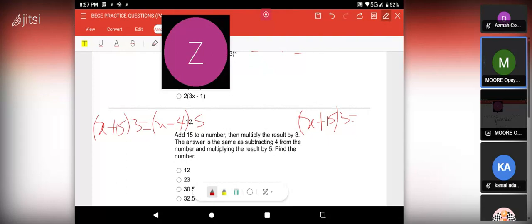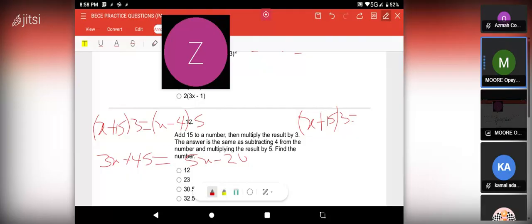Find the number. If you open the first bracket, we are going to get 3x plus 45, that is 3 times 15, equals to, open the second bracket, 5x minus 20. You need to collect like terms.